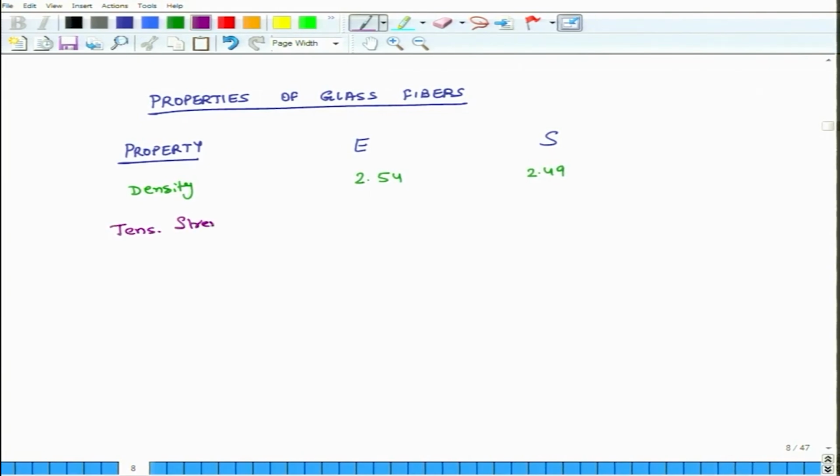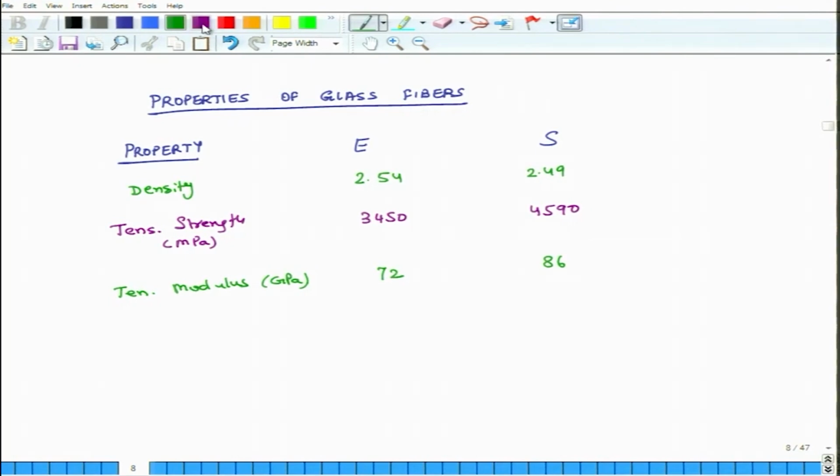Strength, tensile strength, and this is in MPa. Okay. So, this is 3450 and this is significantly stronger, 4590 megapascals. Modulus, tensile modulus, this is in GPa. So, this is 72 and this is 86.